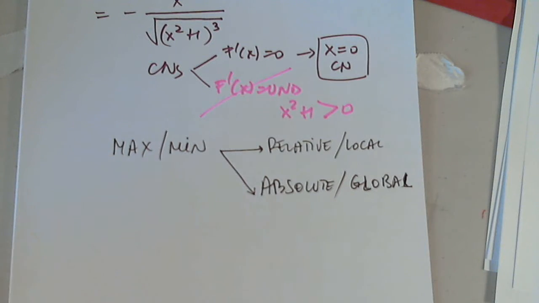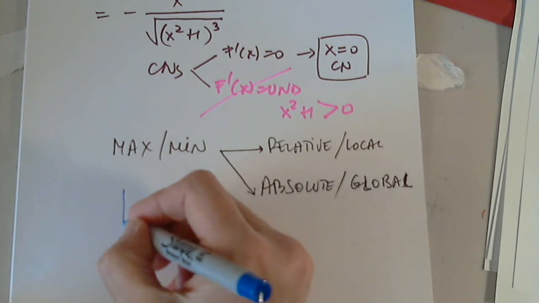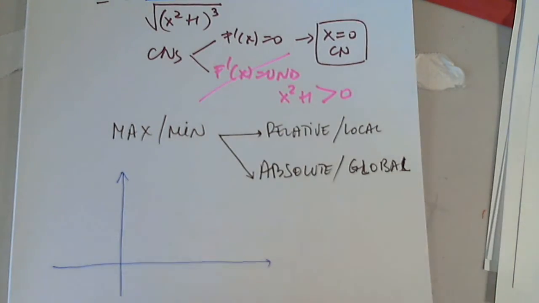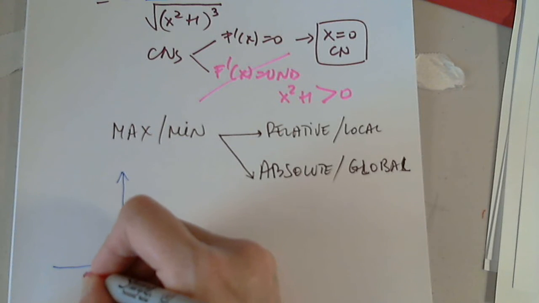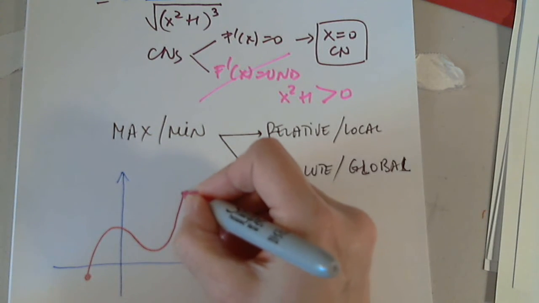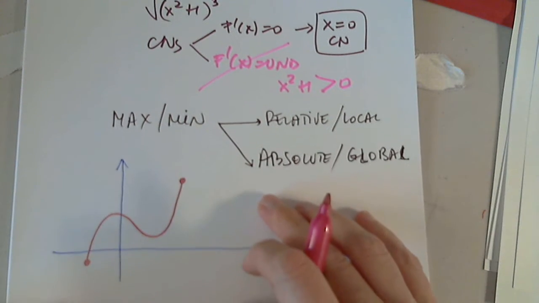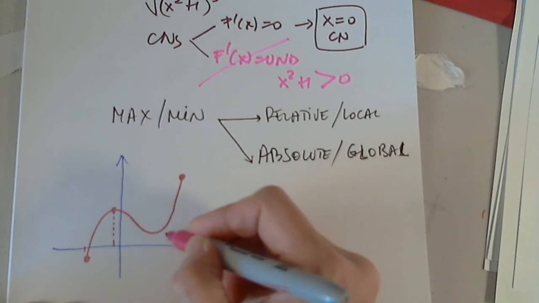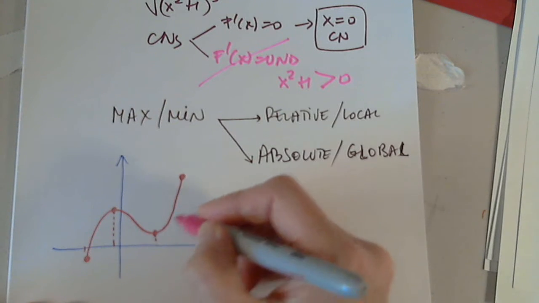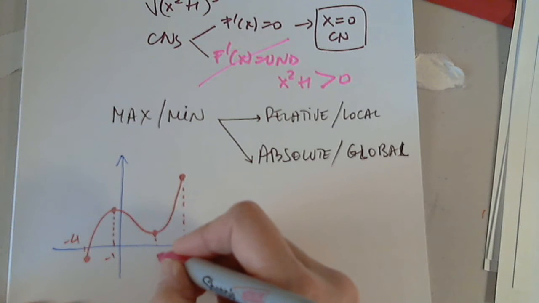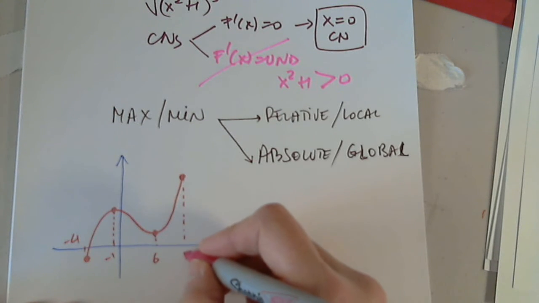Now let's look at the graph. I'm going to graph a function. Here's a function. I'm going to pick some numbers, of course. -4, -1, 6, 10.